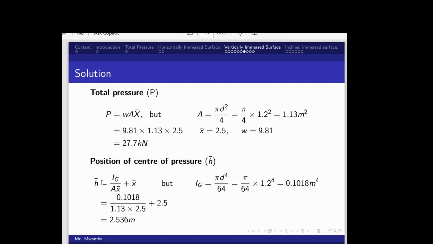Then substitute that number in the formula. In the area, we found the area already, times the height we know is 2.5, plus 2.5. If you evaluate this, you get the point at which the pressure acts on the immersed surface as 2.536.